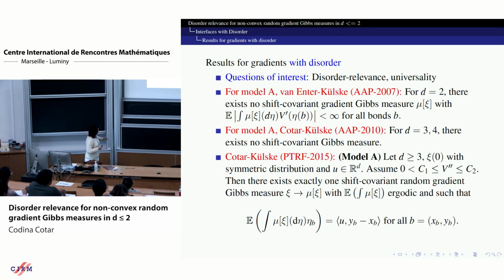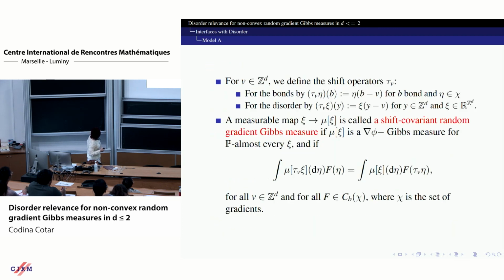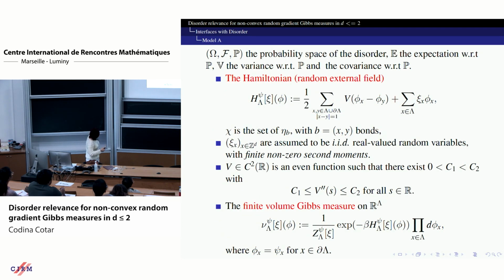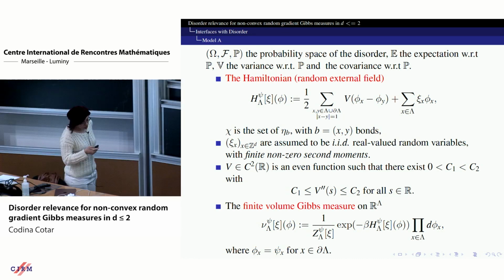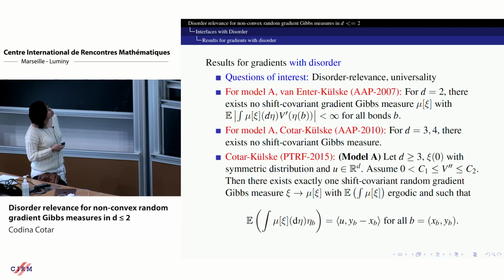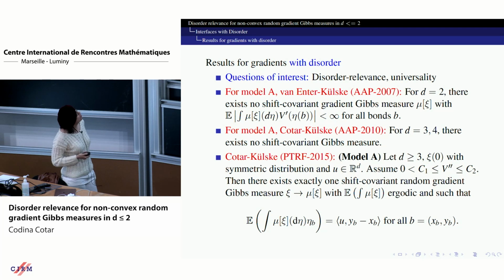Okay. So here there are a number of papers. The first one was for the first model, the model where I just added the sum of psi phi. I added this kind of disorder. In this case, we have somewhat different properties than for the model without disorder.